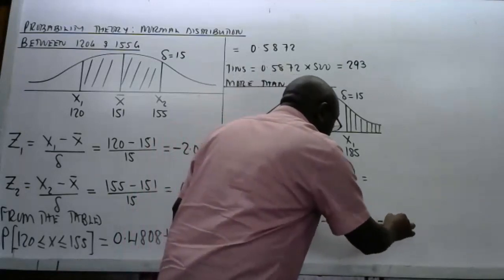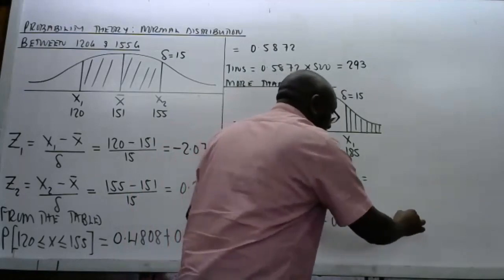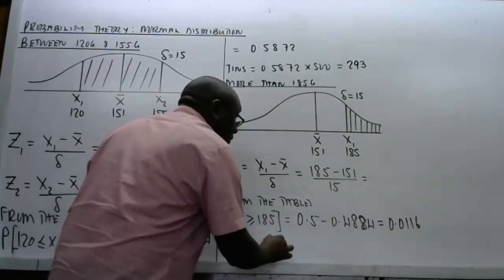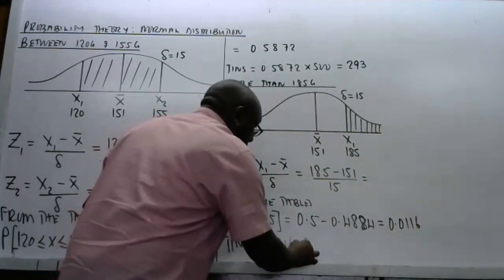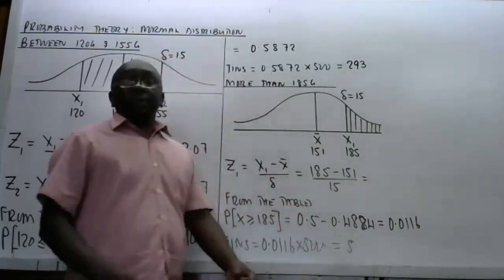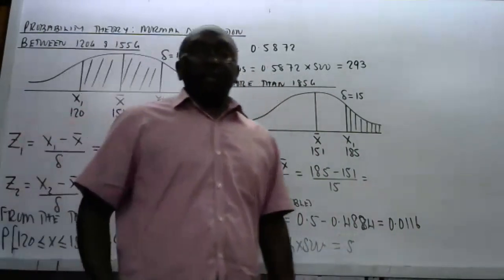The answer was 0.0116. So 0.0116 times 500 gives us 5 tins. Okay, good.